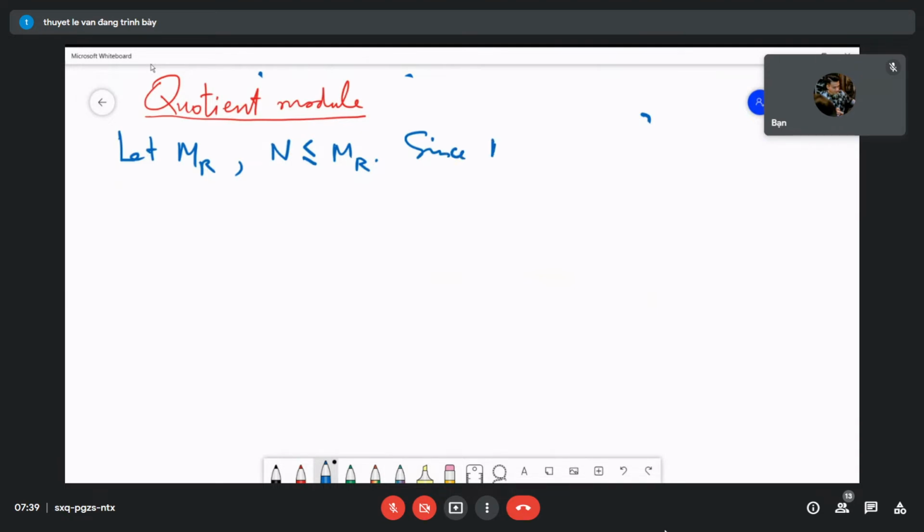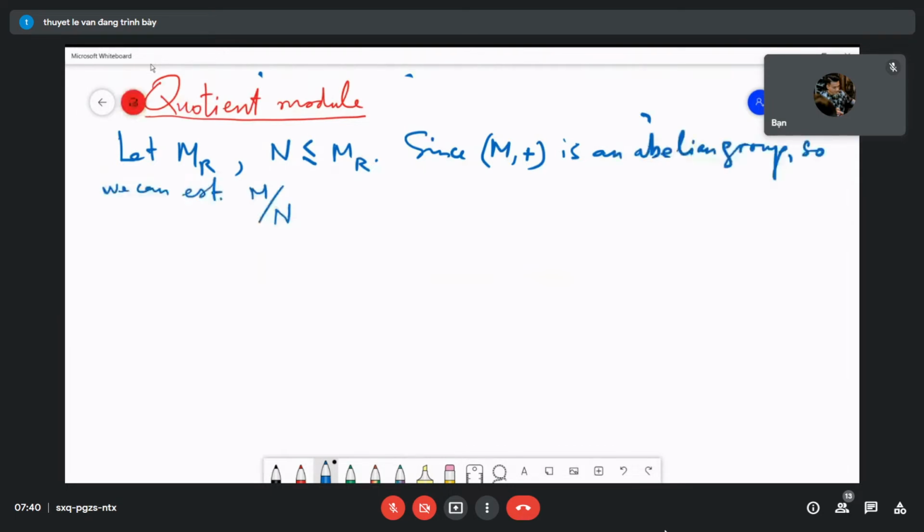Then M over N, with plus here, is an abelian group.